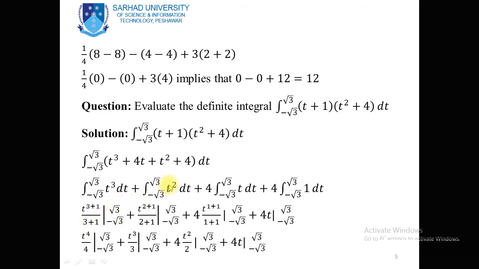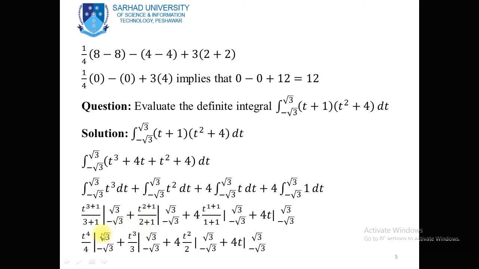And integration of t square is equal to t power 2 plus 1 divided by 2 plus 1, and similarly integration of t with respect to t is equal to t power 1 plus 1 divided by 1 plus 1, and the integration of 1 with respect to t is equal to t. Now we obtain t power 4 divided by 4, and this is the given limit, plus t power 3 divided by 3 plus 4t square divided by 2 plus 4t.